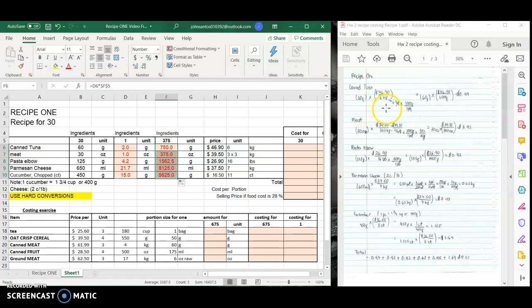Again, we have to convert either this one or this one to have the same unit, either grams or kilograms. For this one I use grams, so I convert the 6 kilograms to grams by multiplying by 1,000, because 1 kilogram is equal to 1,000 grams. That's how we end up with 6,000 grams.